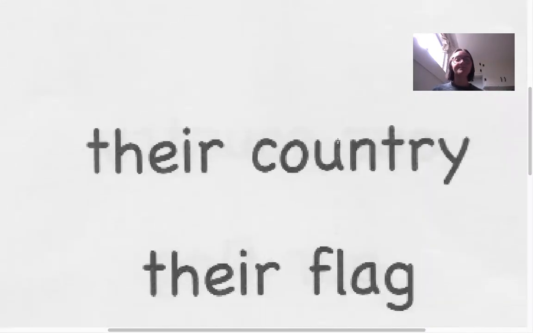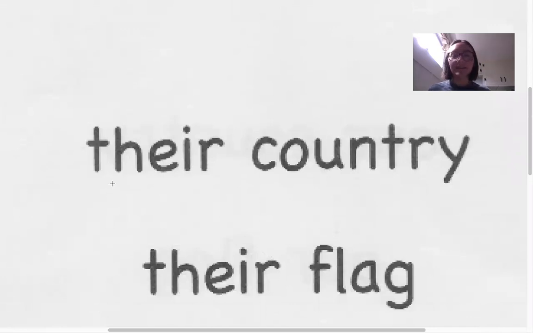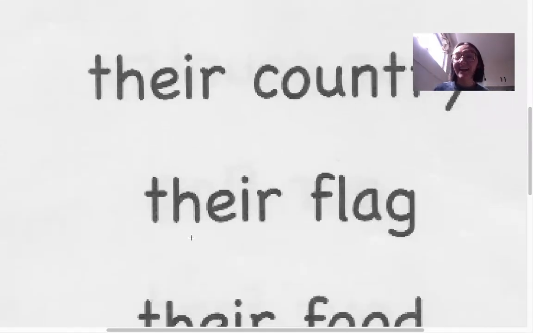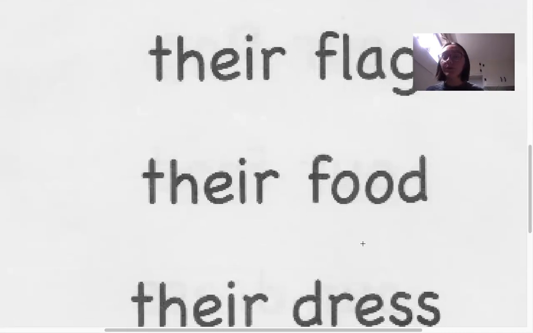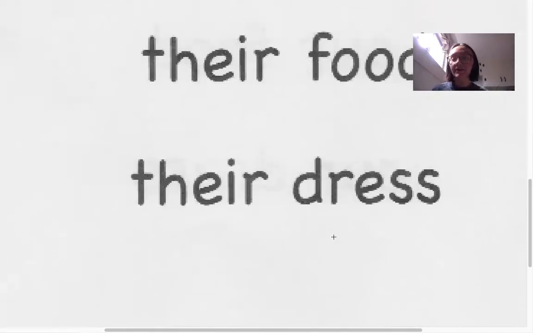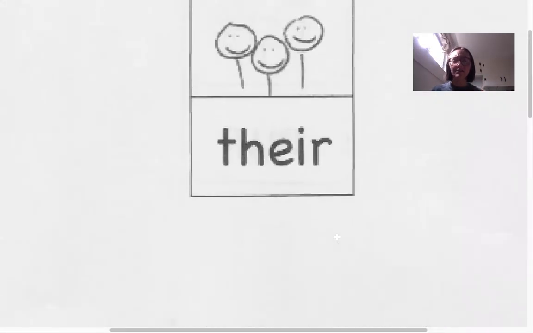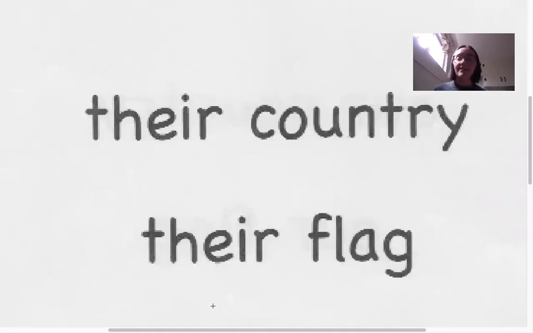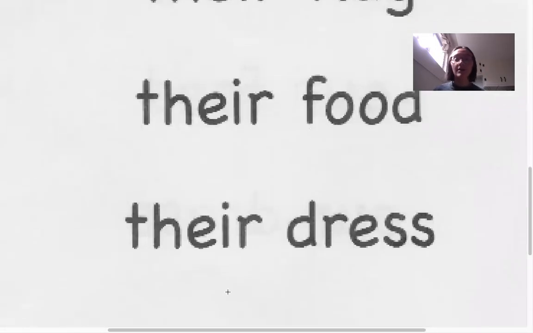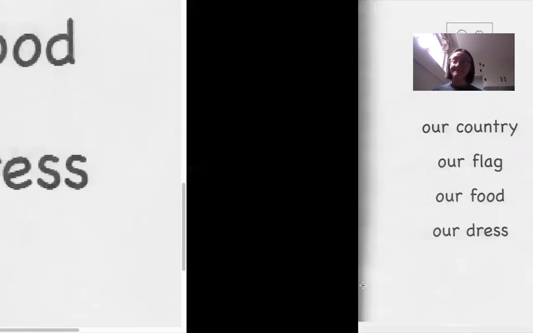So we can say things like their country, their flag, their food, their dress. Let's say it one more time. Their country, their flag, their food, their dress.